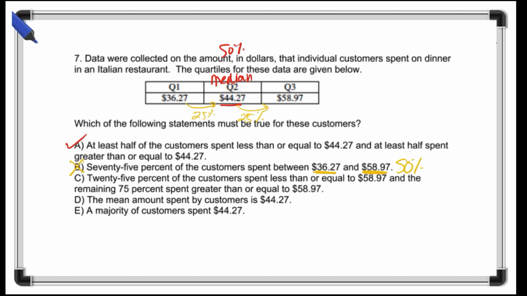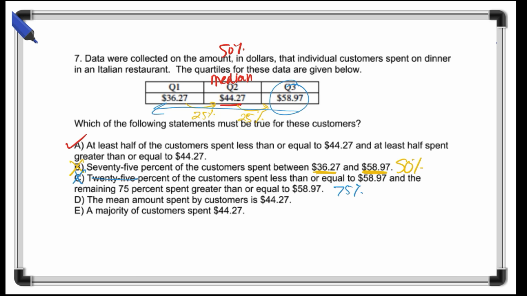All right, letter C: 25% of customers spend less than or equal to 58.9, and then the remaining 75% spent greater than or equal to 58.7. Well, here's 58.7, which is in the upper 75%. So if we're looking at less than, that's actually 75%, not 25%. So that one is out.